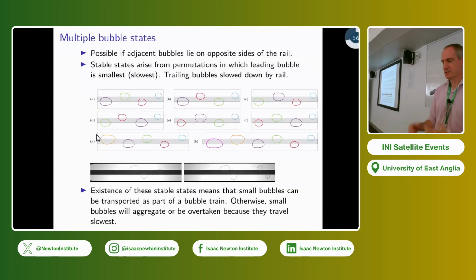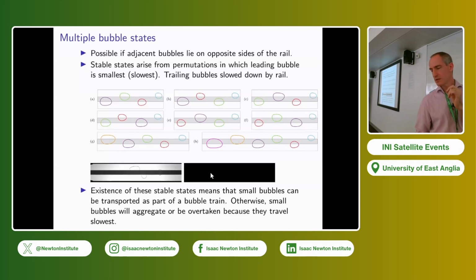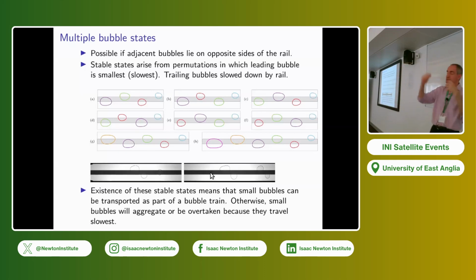5. And what we found is that you can get multiple bubble states if the leading bubble has to be the smallest, and then the bubbles have to lie in alternation. But you get what is effectively a factorially increasing number of possible solutions. Not for all bubble volumes, but for a fairly broad range of bubble volumes, you can get these solutions.